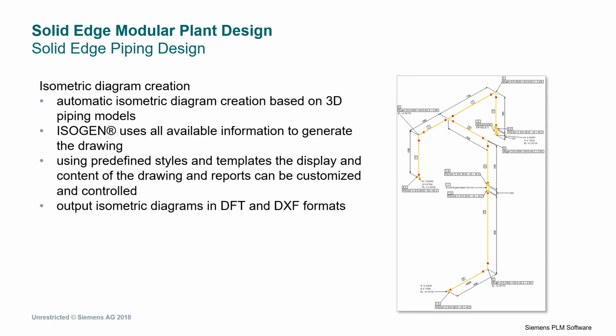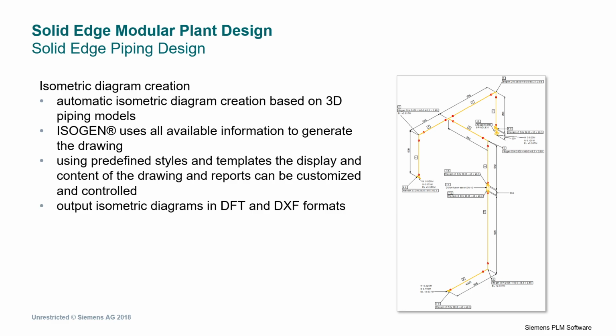Looking at the Solid Edge piping design package and talking more about the isometric diagram creation, as I mentioned earlier, specifically in the process industry and also other industries as well. Isometric diagrams that are generated are really helpful because they show all the different fittings, all the different pipes, the lengths, and all the components that are used in a particular area in a process plant.